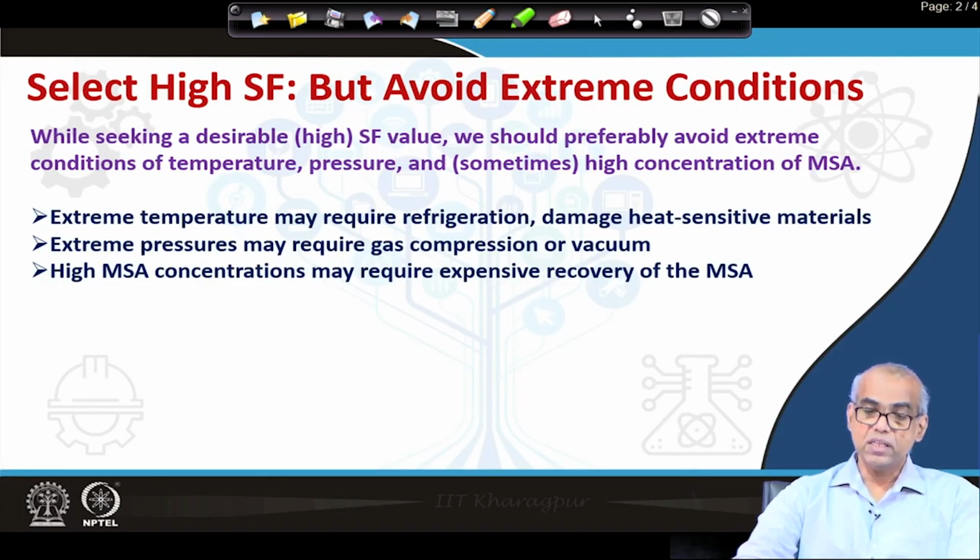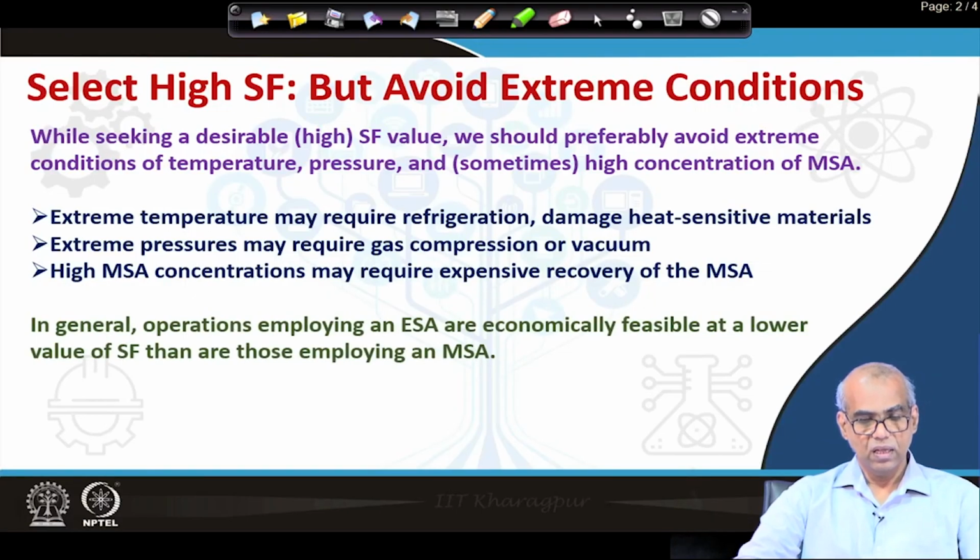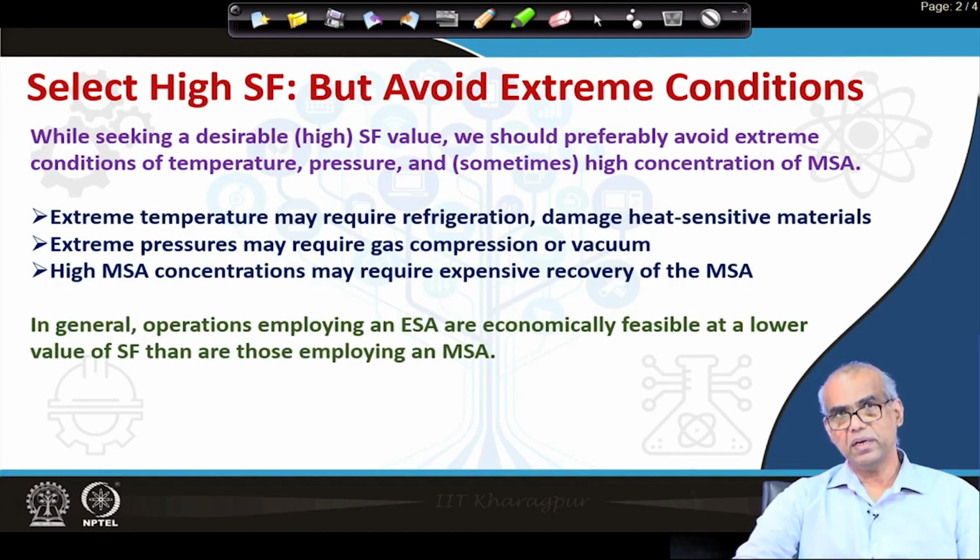So, excessive use of mass separating agent should be avoided in those cases where the recovery is very expensive. In general, operations employing an energy separating agent are economically feasible at a lower value of separation factor than are those employing a mass separating agent.